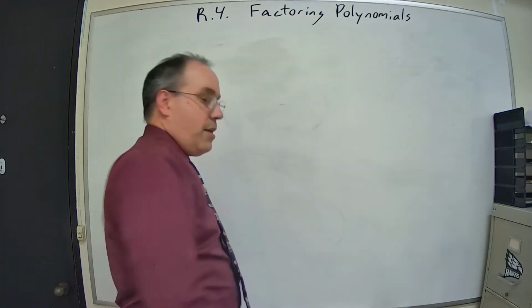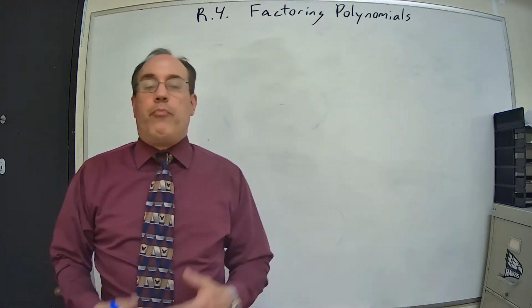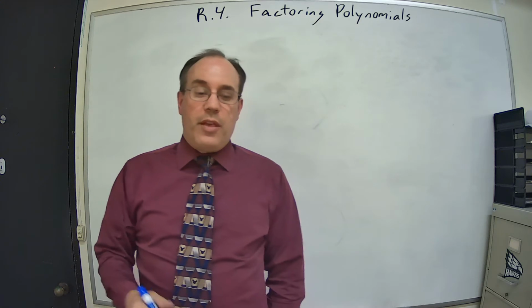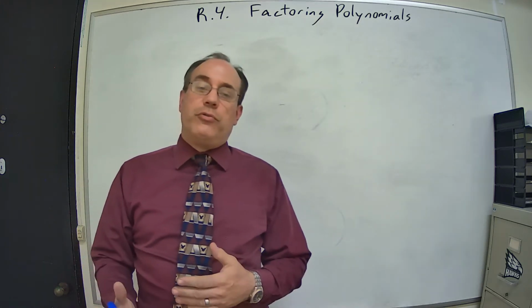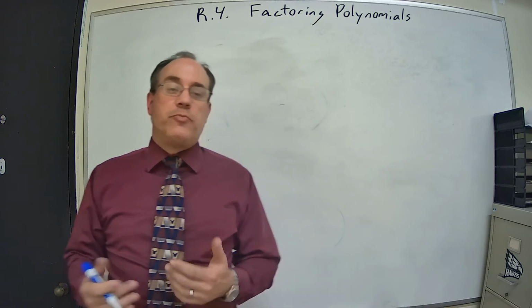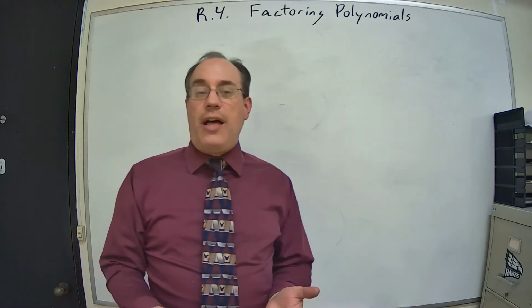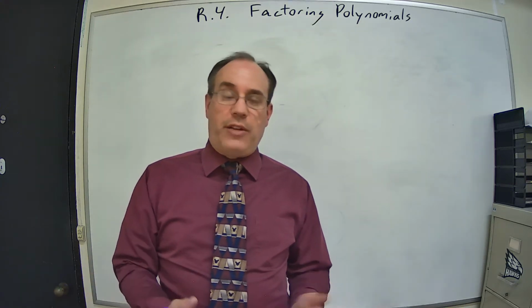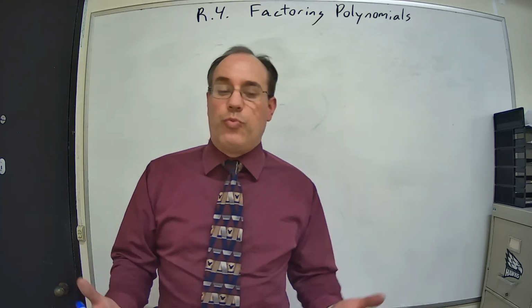That works great when you have a monomial factor, the largest thing we can pull out of it. But other times we have to do things a little bit more advanced, because maybe we have something that is not factorable by pulling out a greatest common factor, or the greatest common factor of all the terms is 1.